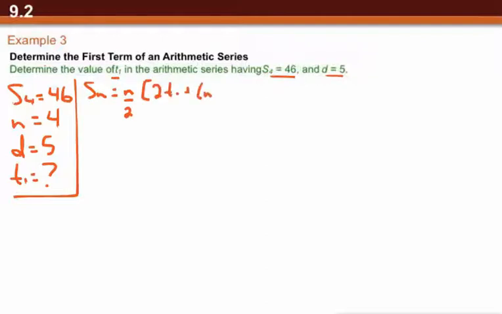We'll get this bracket. Solve for T1 by itself. So we can subtract. We can divide. And there we have it. Really, that's all there is to it.